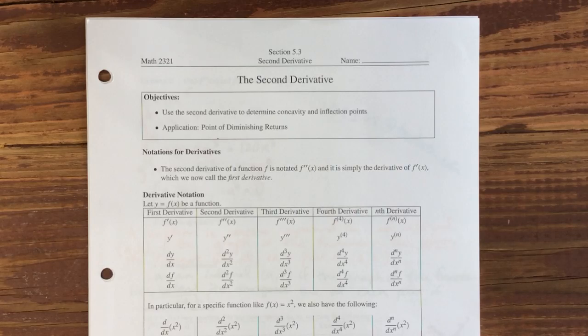You'll notice this is very, very similar to the first derivative test. We're going to be running the second derivative test in here to describe concavity and inflection points. You'll see soon what that means, but first, some notations.